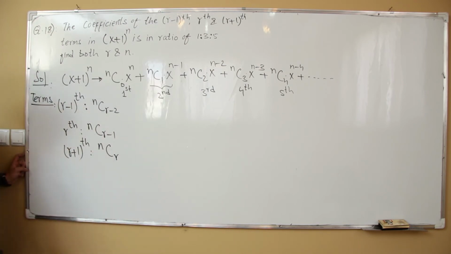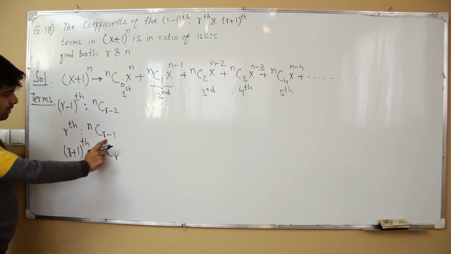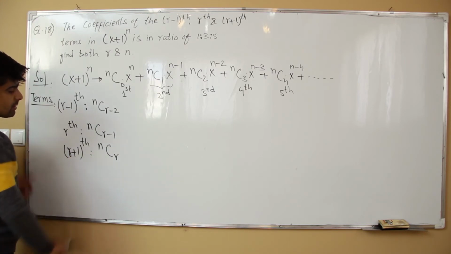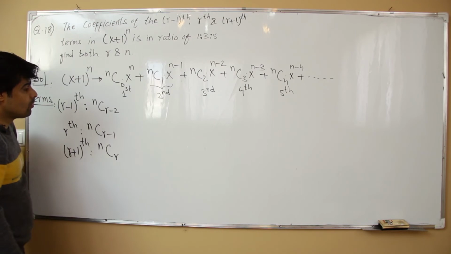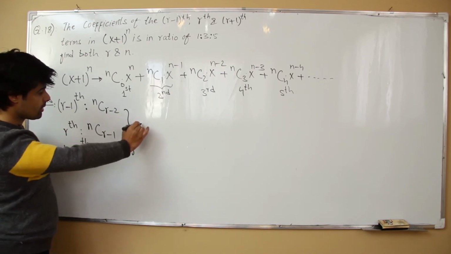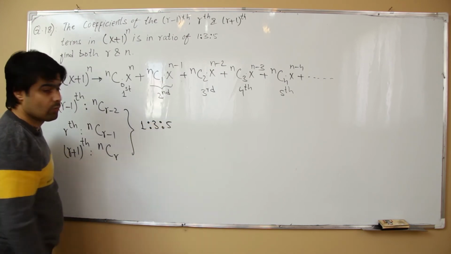Am I right? Yes. The coefficient of this one is nC(r-2). The coefficient of this one is nC(r-1). And the coefficient of the (r+1)th term is nCr. Now it is asked, these coefficients are in the ratio of 1 : 3 : 5. What does it mean?